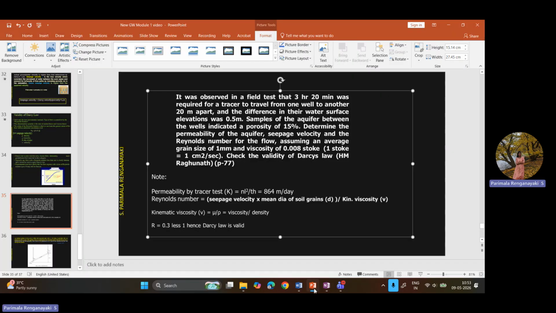They are asking us to find the permeability, seepage velocity, and Reynolds number.